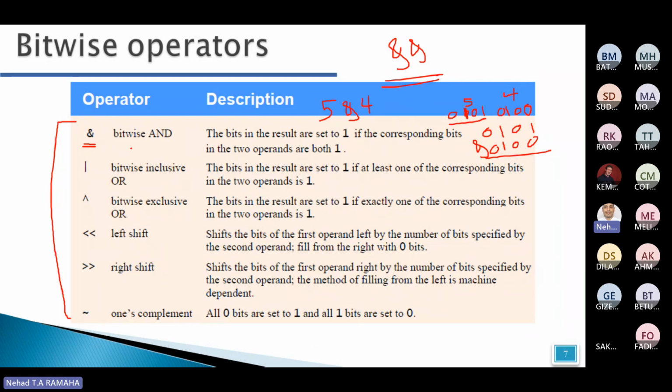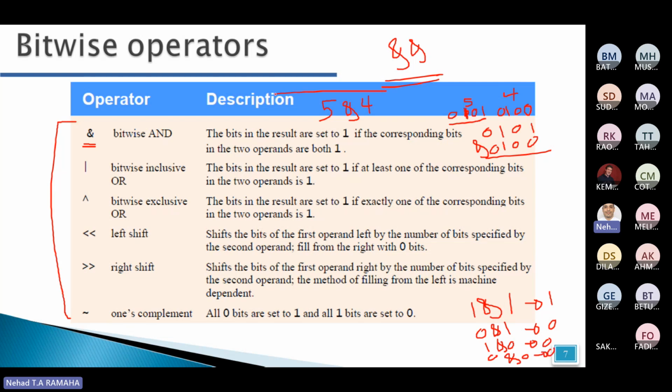So how does it work? It works digit by digit. It takes a bit from each number and makes AND between the corresponding bits. You know the AND operator. If we have 1 and 1, the result will be 1. Otherwise, the result will be 0. So 0 and 1, the result is 0. 1 and 0, the result will be 0. 0 and 0, the result will be 0. So it works like this.